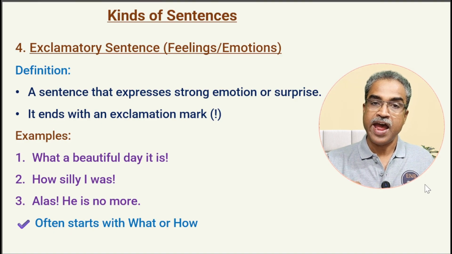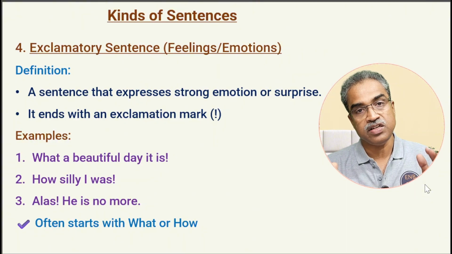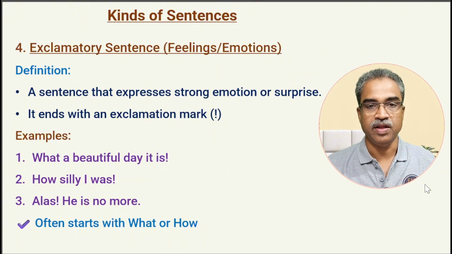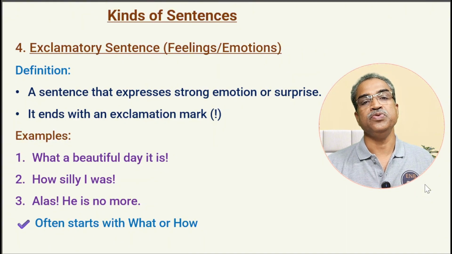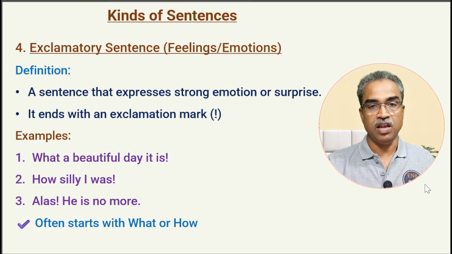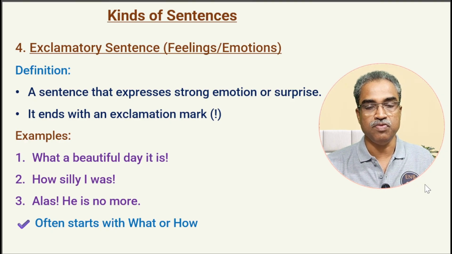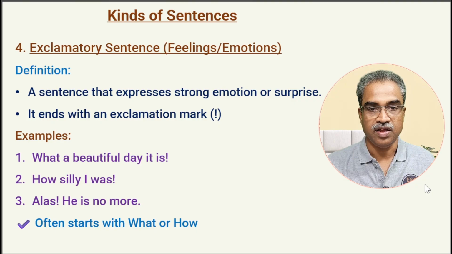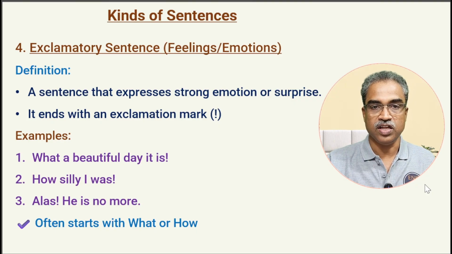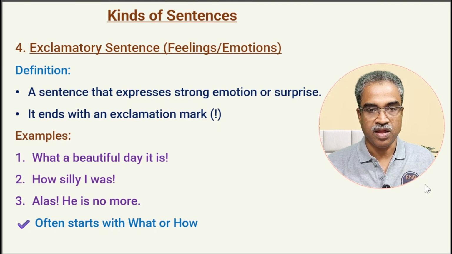So when we have an adjective and a noun is also mentioned, then we use what. What a lovely girl she is. Lovely girl. What a beautiful piece of music that is. Exclamatory mark. Second example, how silly I was.